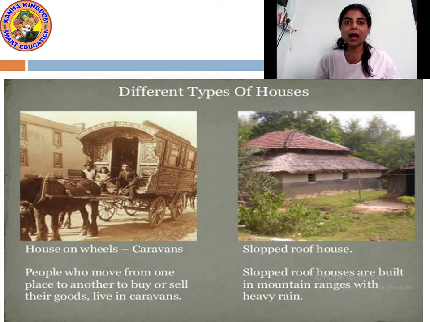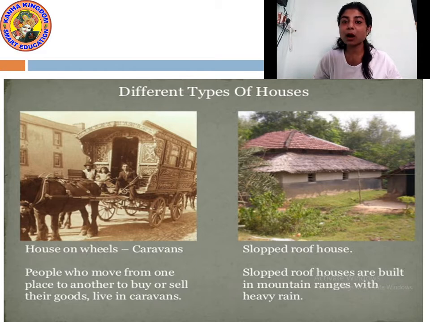Now another kind of house is the sloped roof house. It is written there, see, sloped roof house. Can you see? These sloped roof houses are built in mountain ranges with heavy rainfall. Where are these sloped roof houses built?